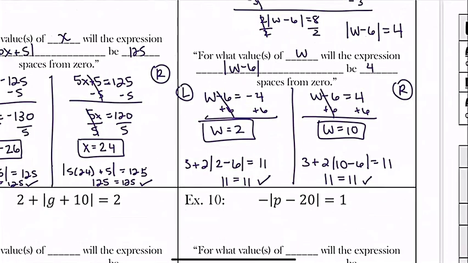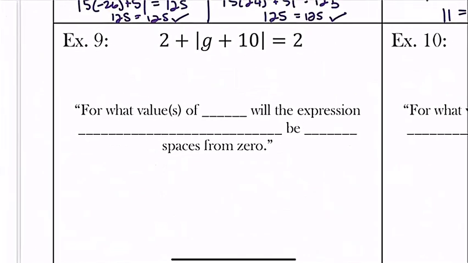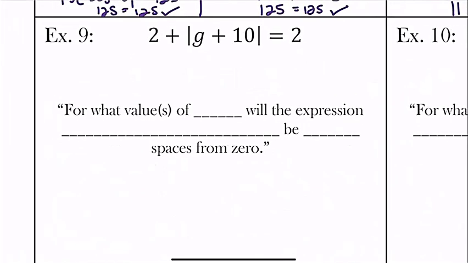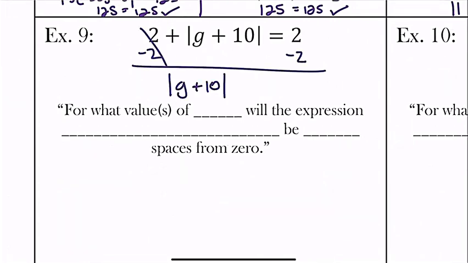Okay, now our last two here, on number 9. This one, I'm just going to tell you, is going to give us only one solution. That is because when you move this 2 over, it is currently positive, so we would subtract it. I end up with 0 here. So you have the absolute value of G plus 10 equals 0. 0 cannot be a distance from itself.